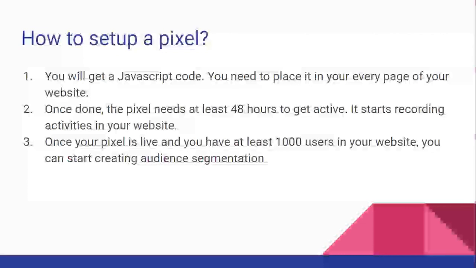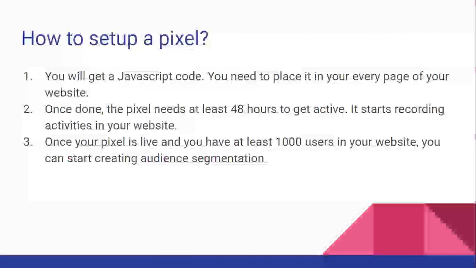Second, your campaign performance also depends on the pixel. Again, the data, which redirects to your pixel, should have at least 1,000 users to start showing your campaigns to. And for that, you need time.